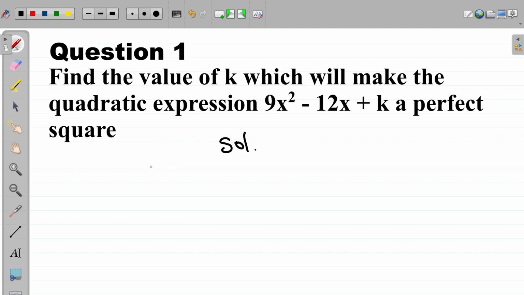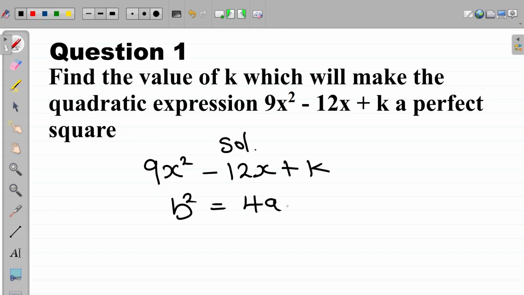The given expression is 9s squared minus 12s plus k. Now, looking at the expression, for a perfect square, b squared is equal to 4ac. And from our expression, a is equal to 9, b is equal to negative 12 and c is equal to k.